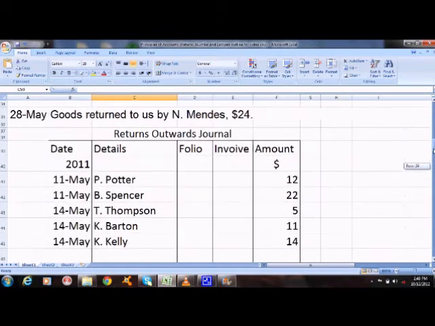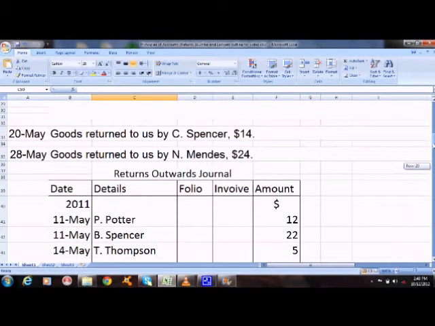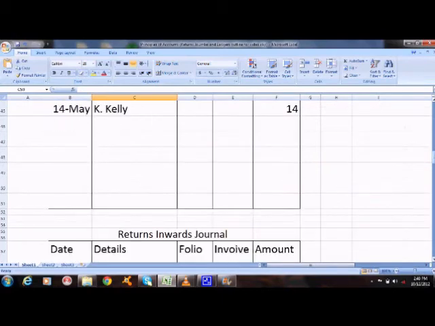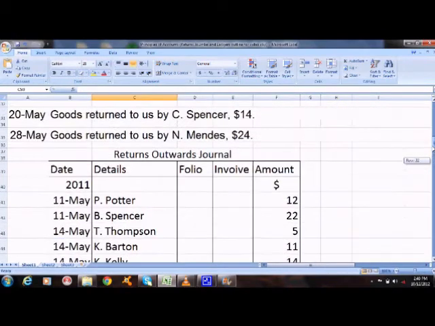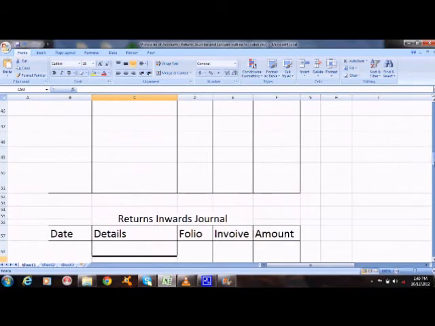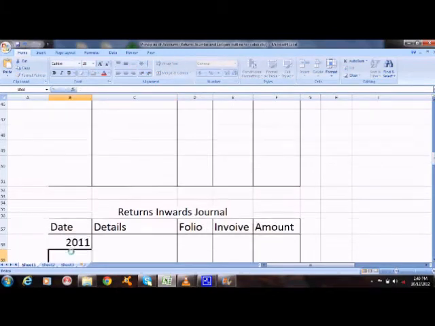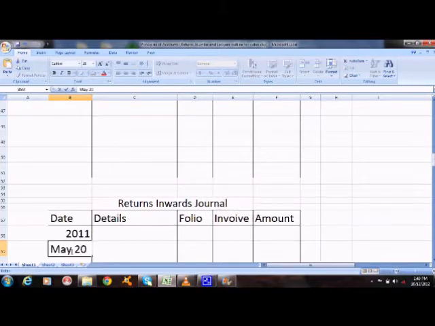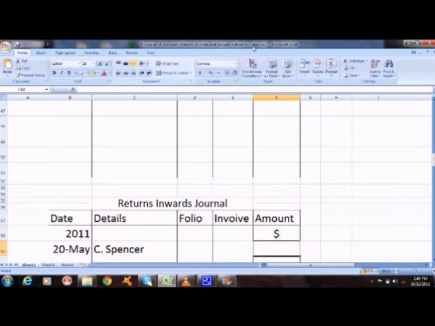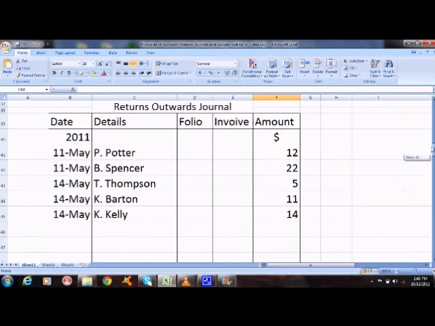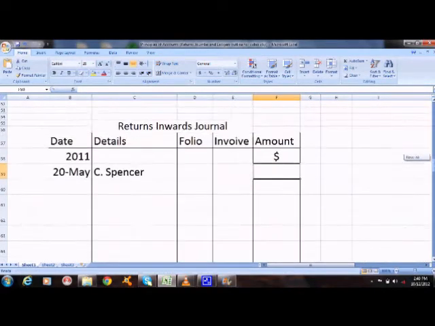The date is May 20, 2011, C. Spencer, and the amount is $14.